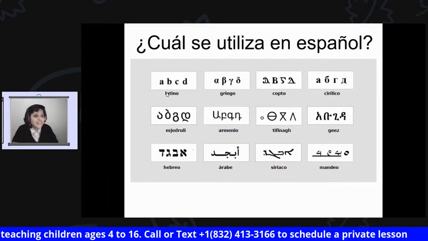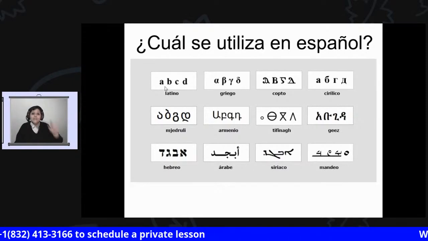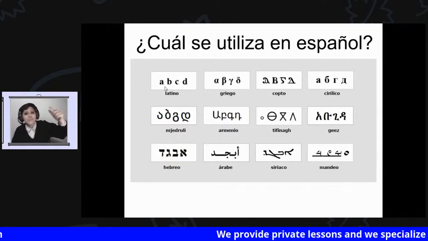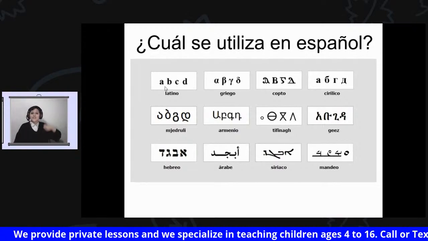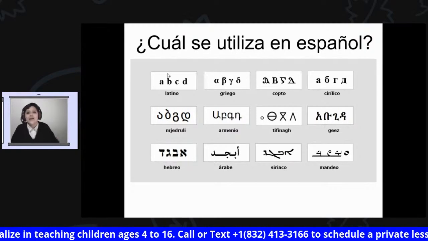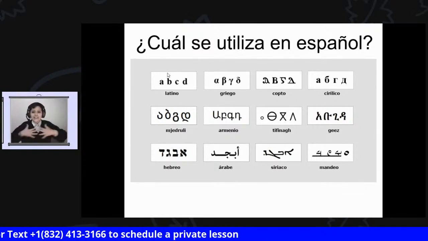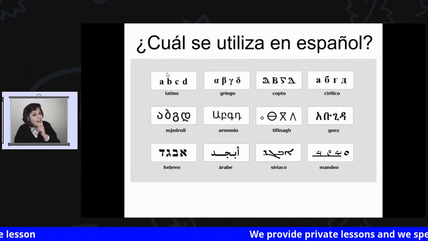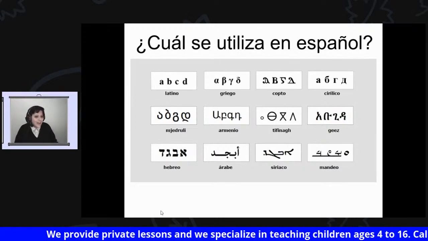Yes, that is correct. We use the Latin alphabet. Do you know why? Because once upon a time, the Roman Empire arrived in Britain, and then they started translating religious pieces of work into Latin. So the Brits adopted that alphabet. And then by speaking, they actually gave some sounds to the words. All right, let's move on.